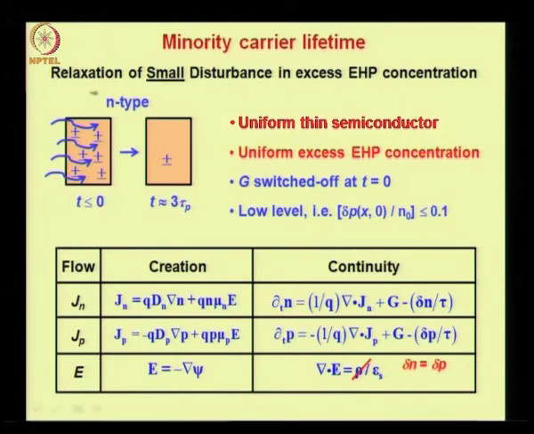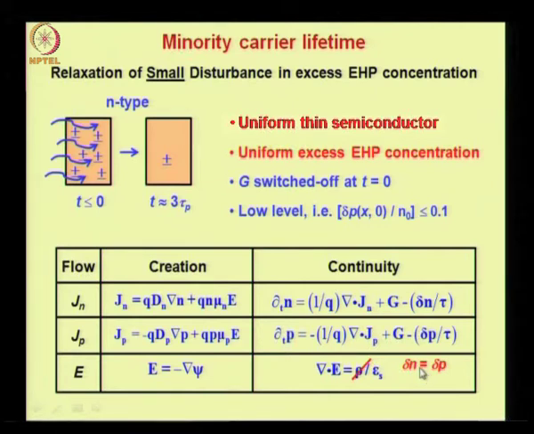Now since the semiconductor is uniform and excess carrier concentration also is uniform, space charge is 0. So the space charge goes out of the picture, delta n equal to delta p. This charge neutrality condition is a very useful condition, as we shall see.